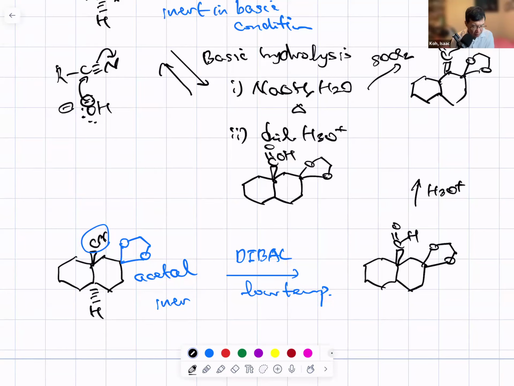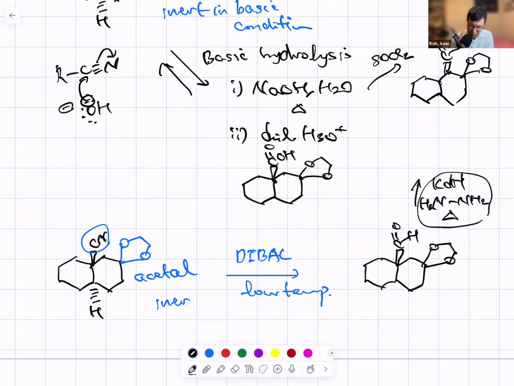Let me see. Okay. Here, let's choose the Wolff-Kishner reduction. So potassium hydroxide and hydrazine and heating up in basic condition.